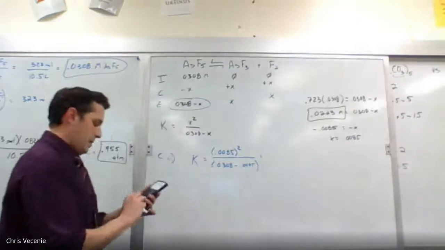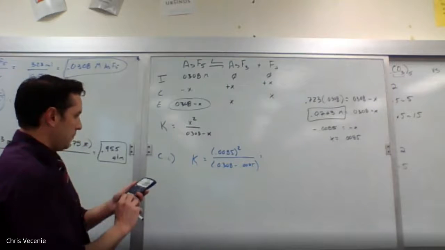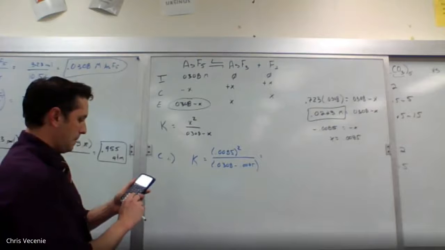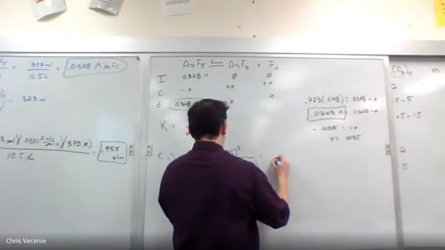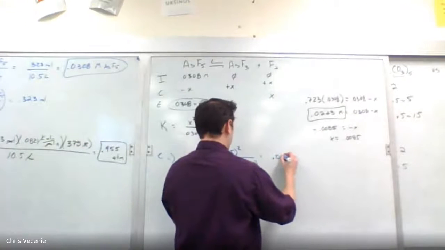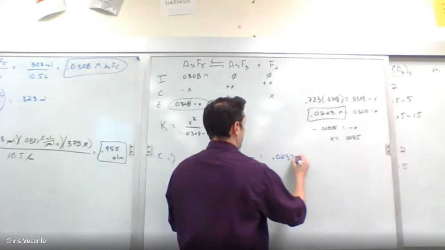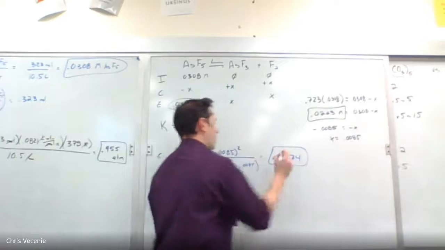And if we do that, I get a value of 0.00324 for my K value.